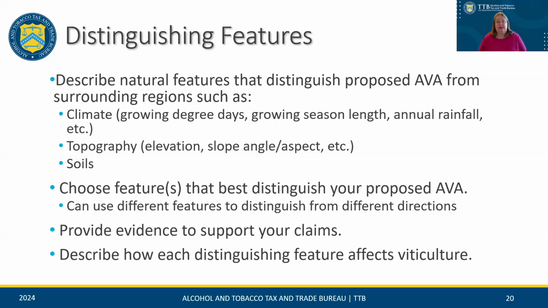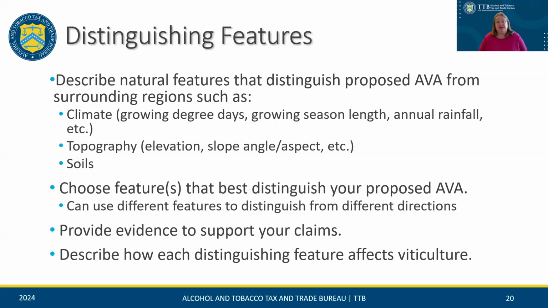It's also important to keep in mind that you can use different features to distinguish your region from the different directions. For example, rainfall may distinguish your proposed AVA from the regions to the north and south, but not to the east and west. And this is perfectly fine. You simply have to find one other thing that will distinguish you from the region to the east and the region to the west, such as soils or topography.